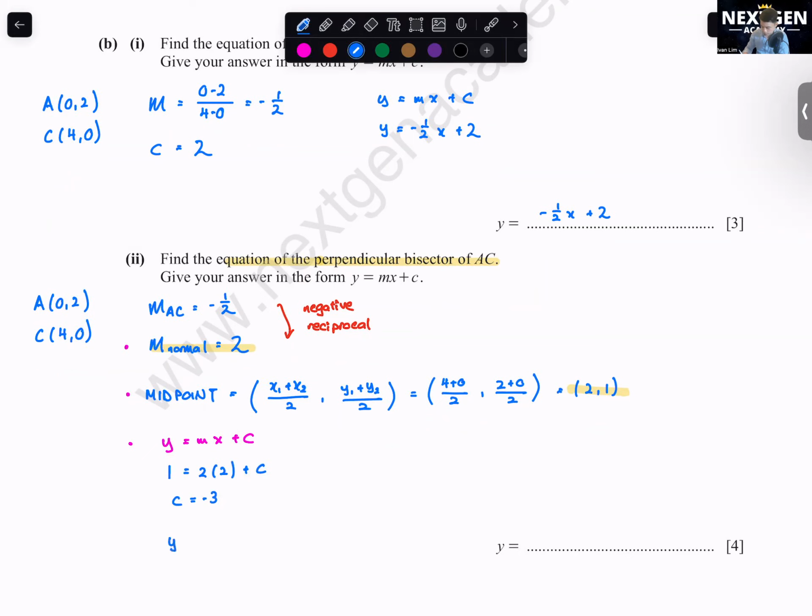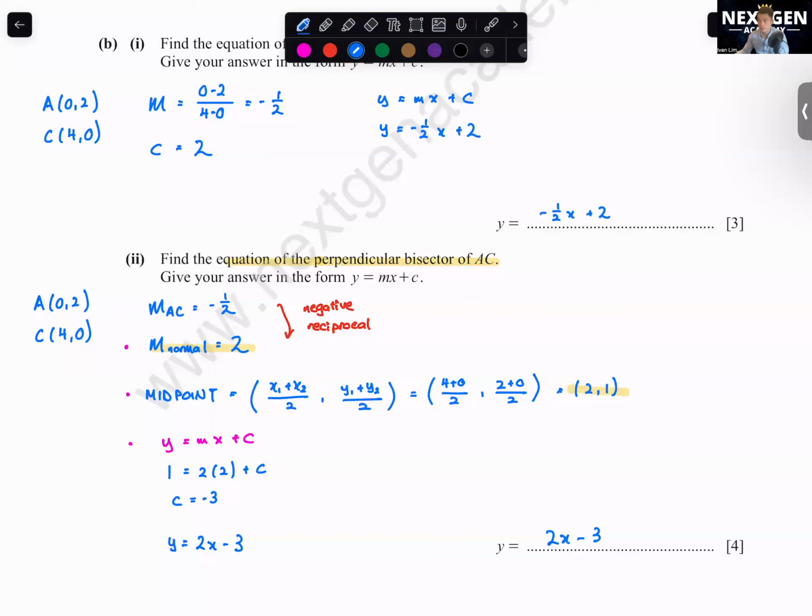Okay, therefore your final answer will be y equals to 2x minus 3. We got to use the m of the normal and the y-intercept, which is the c value. Y equals to 2x minus 3. Okay, got it? All right.